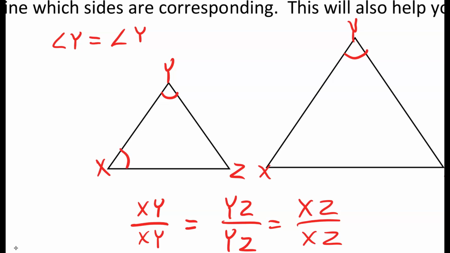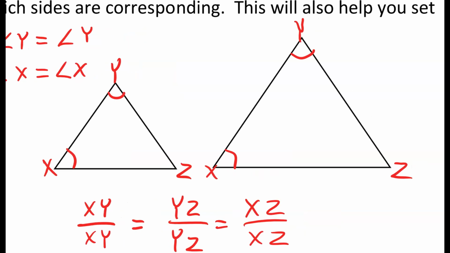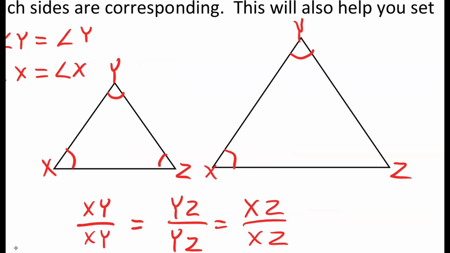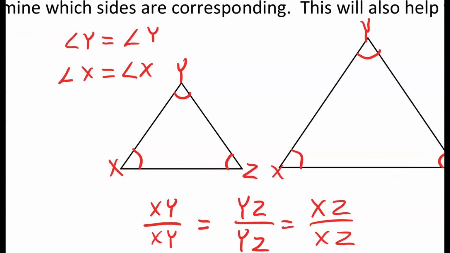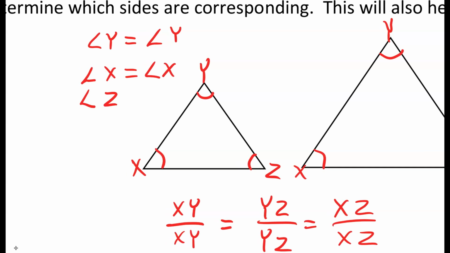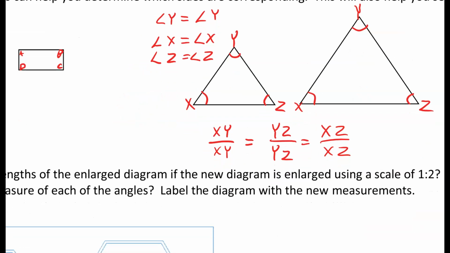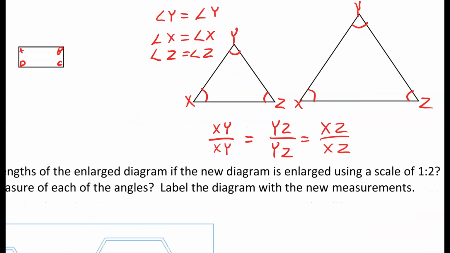This angle here, angle X, is equal to angle X on this one over here. And then Z and Z, so we'd have angle Z equal to angle Z. So that would cover your corresponding angles on the triangle.